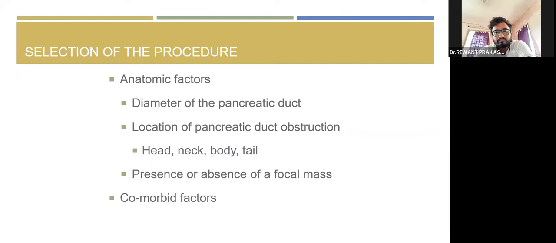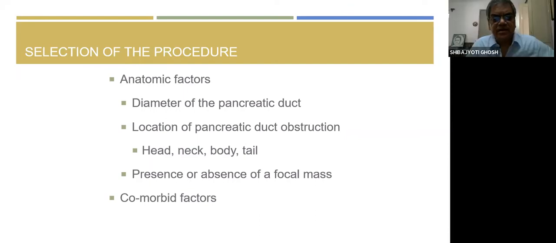And if this is associated with other obstructions, particularly common bile duct obstruction, or if the patient has changes in the liver function tests, or frank jaundice, we might have to do additional procedures along with the pancreatic drainage procedures.